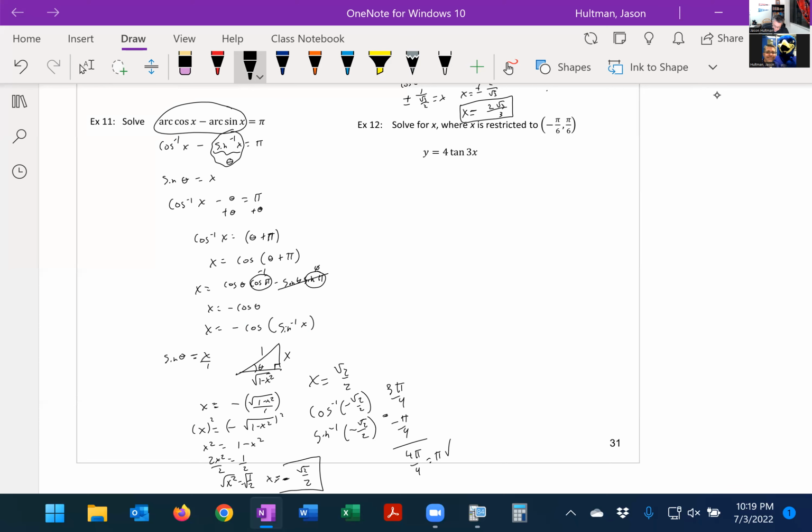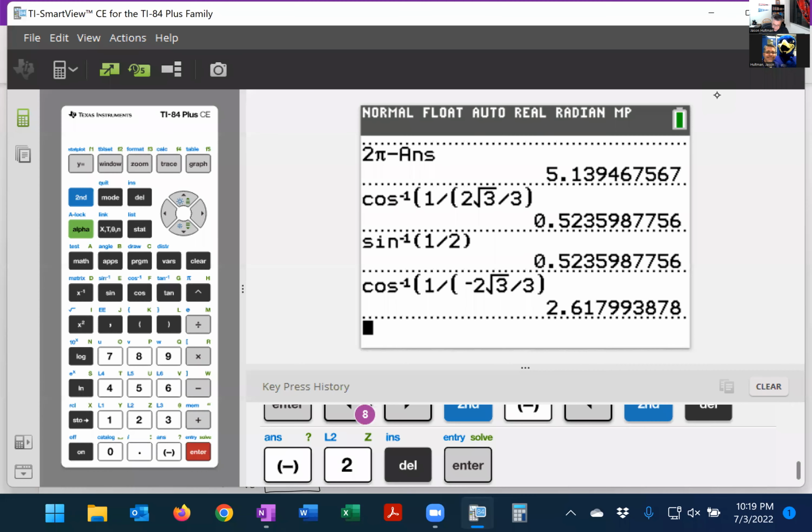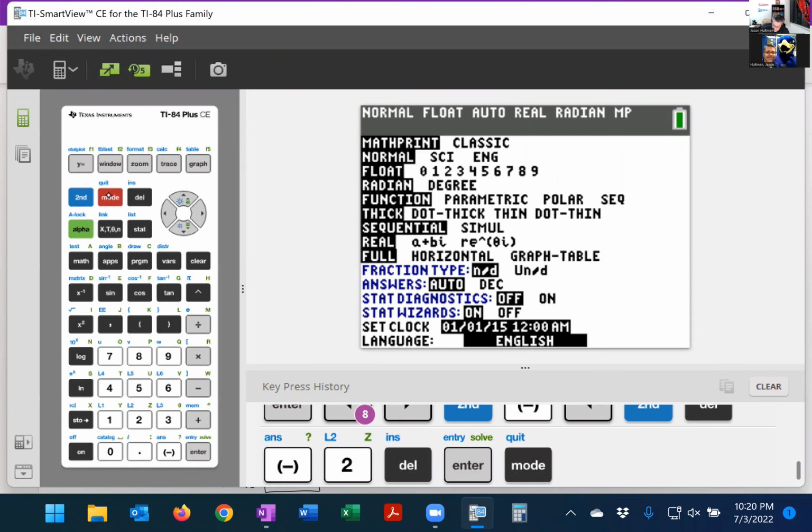So that does check. This works. If I plug this into a calculator, with the negative, I should get pi out. Let's do that. Make sure it's in radian mode first. Okay, it is. Second quit.